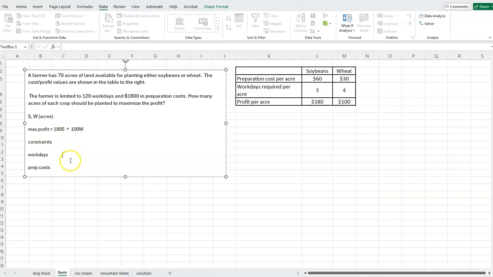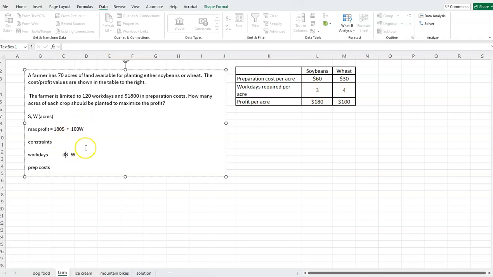Now, just like the profit statement, you figure you'll probably have an S and you'll probably have a W. To determine if you do, you want to see if there's a number of work days associated with each of those. And of course, in the real world, the answer is, of course there would be. Now, what are they? Well, over here in the table, we see there are 3 days for soybeans and 4 days for wheat.